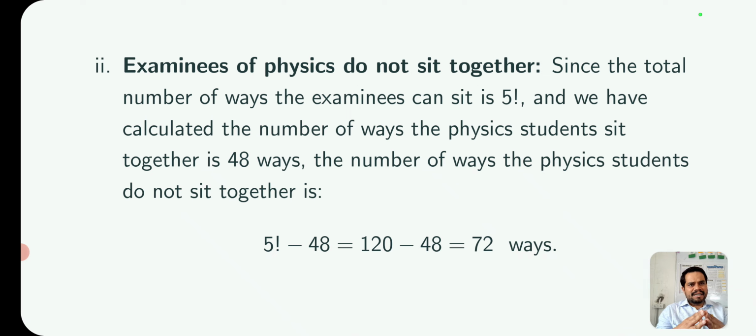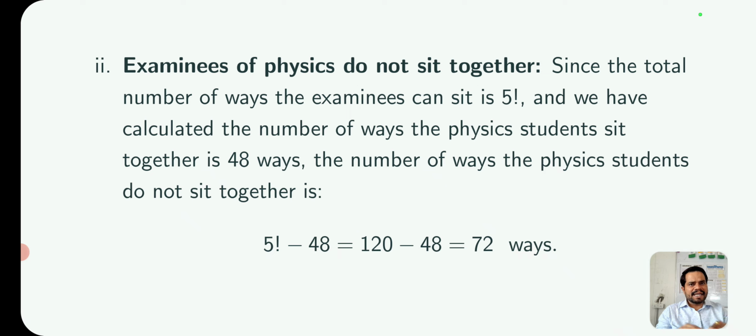Since this question is opposite to the previous one, the total number of ways the examinees can sit is 5 factorial, it is obvious. After that, the number of ways the physics students sit together we already calculated in the first condition, it is 48 ways.